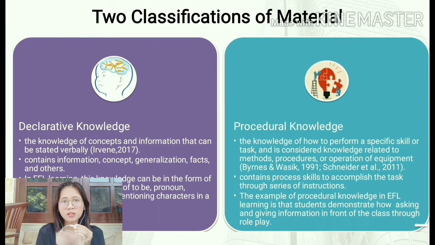However, procedural knowledge, or knowledge of knowing how, can be defined as the knowledge of how to perform specific skills or tasks and is considered knowledge related to methods, procedures, or operation of equipment. It contains process skills to accomplish the task through a series of instructions.